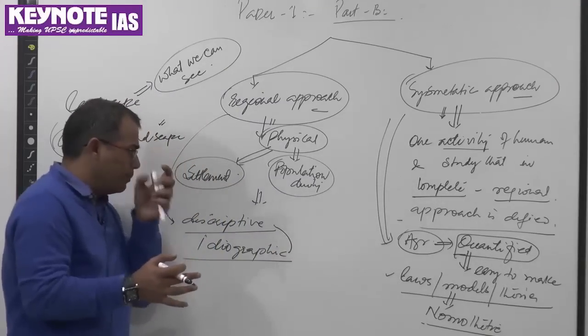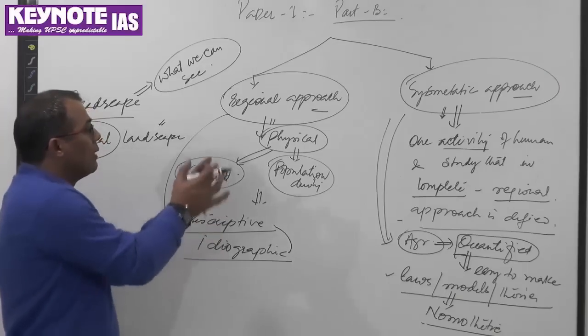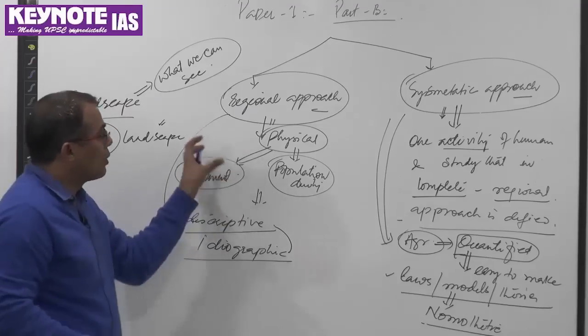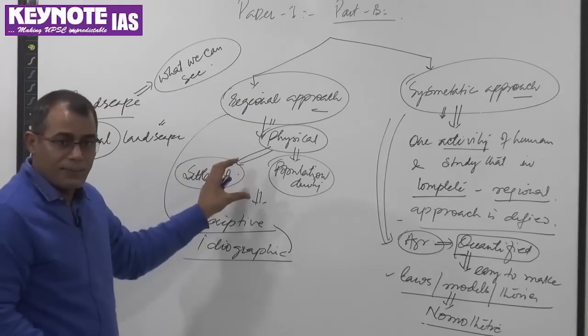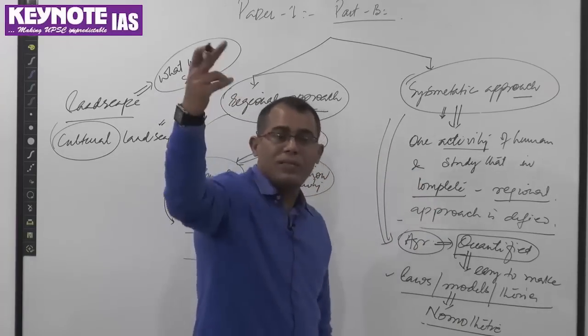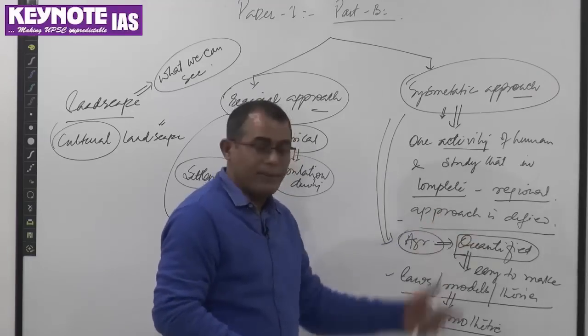When you become descriptive about a particular region, a region as a whole, then you are talking about different perspectives and the combination of factors which has produced that region. When you take a single aspect and try to compare it with different regions, why it is high, why it is low, then you can quantify it.